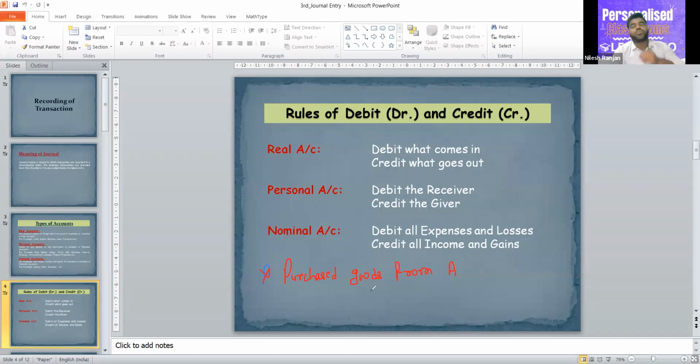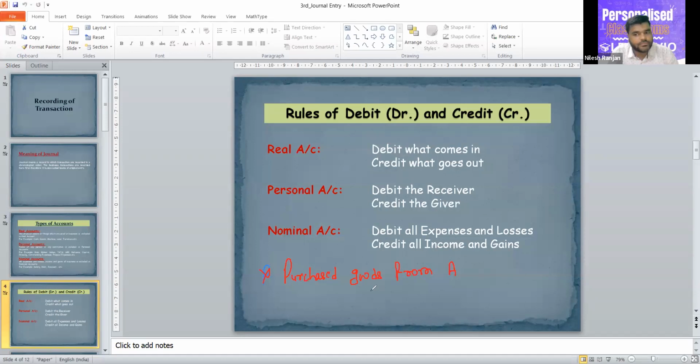Like when we purchase goods on credit basis. In return, we are not paying anything, but we are receiving goods from that person. Can you tell me, is A the receiver or giver here? A is the giver. So will A be debited or credited?